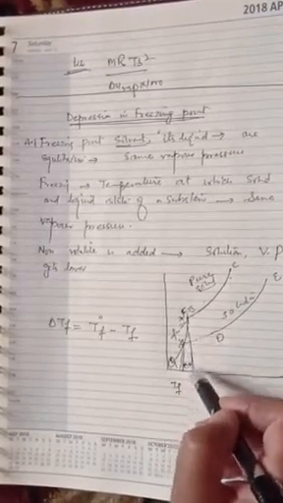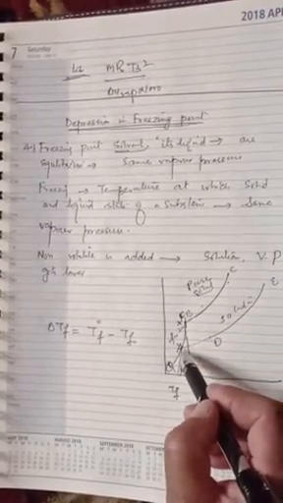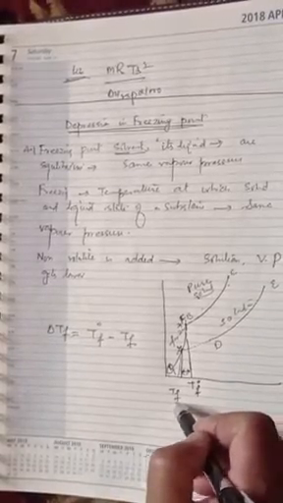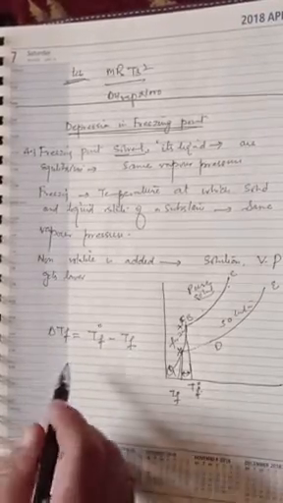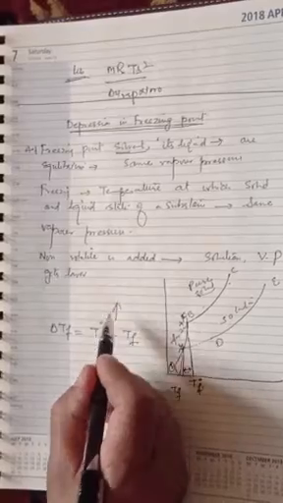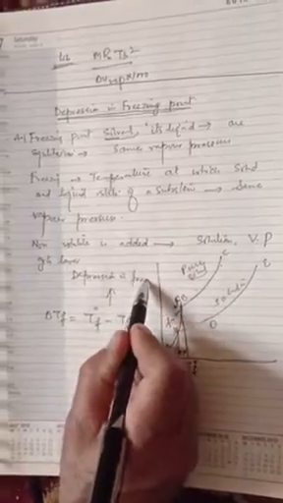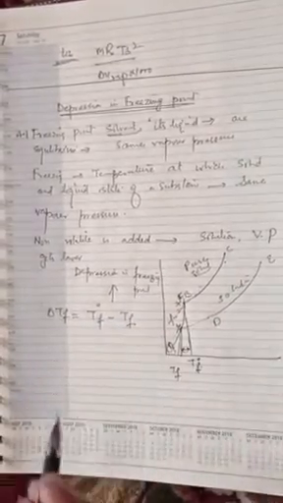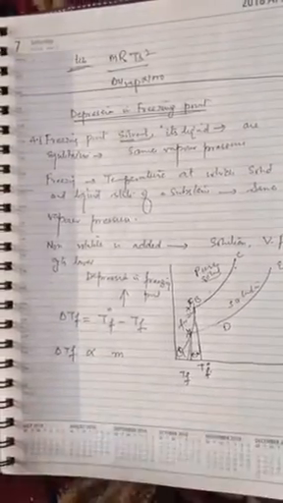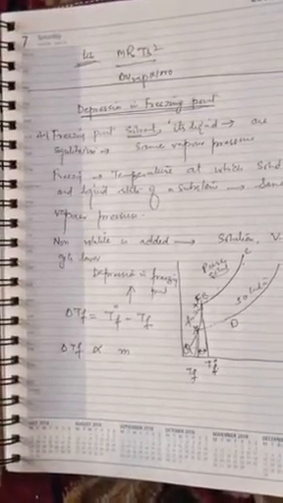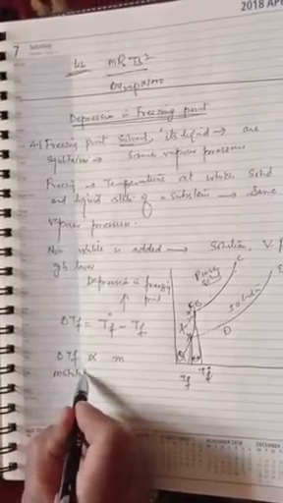This is the vapor pressure curve of the frozen solvent, that is DE. The vapor pressure curve of the pure solvent meets the frozen solvent curve at X. X corresponds to the temperature T°f, and the vapor pressure curve of the solution meets the solid curve at Y, which corresponds to Tf.